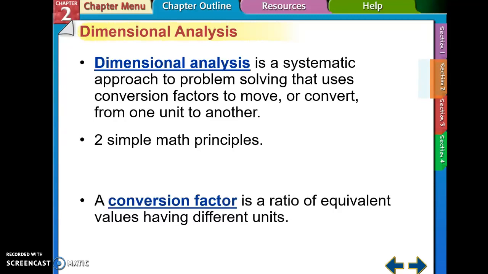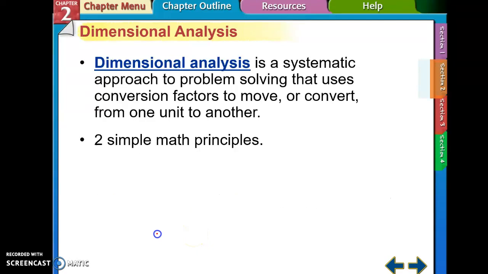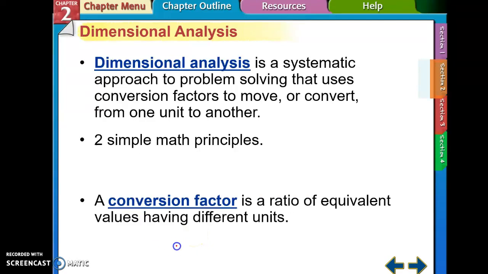So we're going to be using conversion factors, and what a conversion factor is, it is a ratio of equivalent values having different units. So a conversion factor that we talked about in the last video is the fact that 1 meter is equal to 1,000 millimeters.